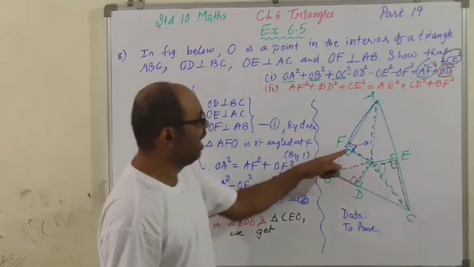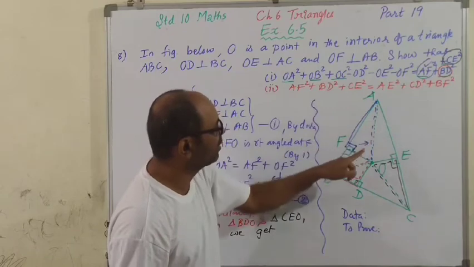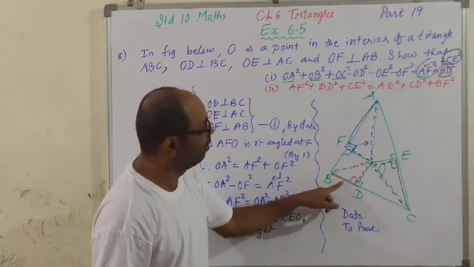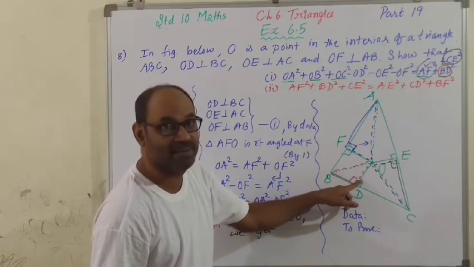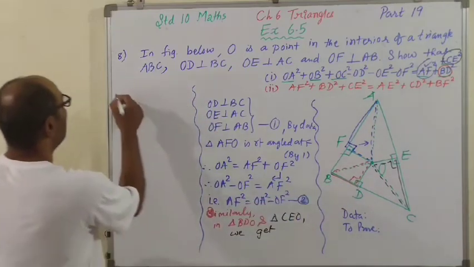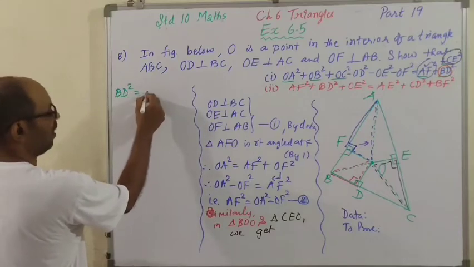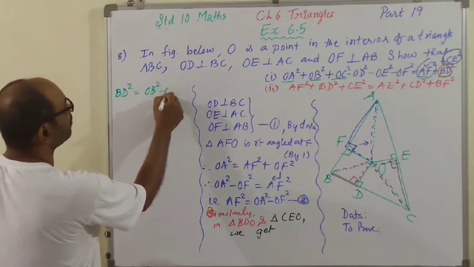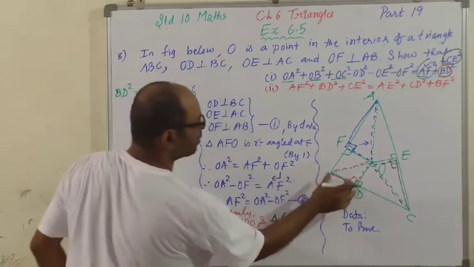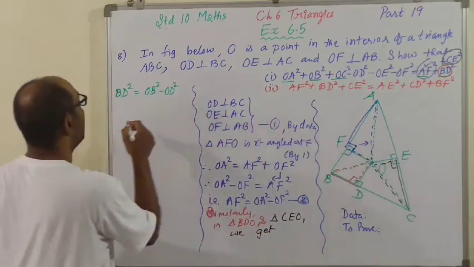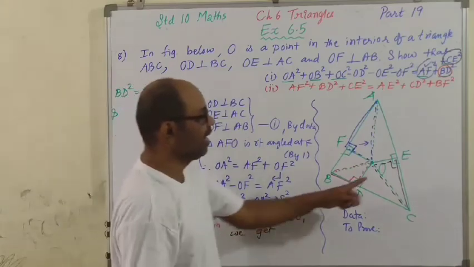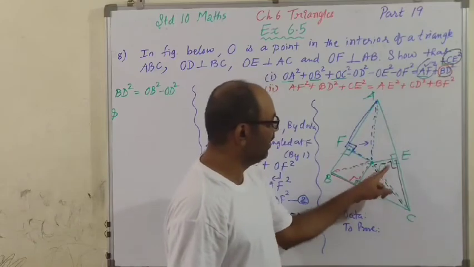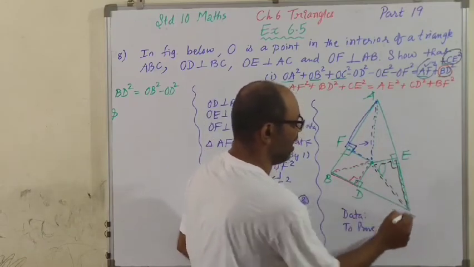Just as we got AF, AF is hypotenuse square minus the remaining side square. So here also, BD square will be hypotenuse square minus the remaining side square. So what do I get? BD square is equal to hypotenuse OB square minus OD square. And in this triangle what I want is CE square. CE, here it is, this is CE, right?